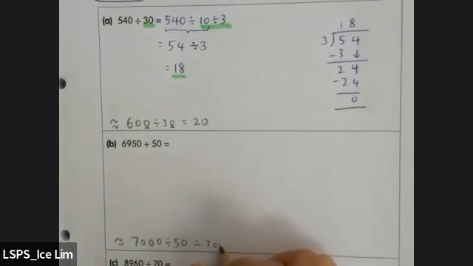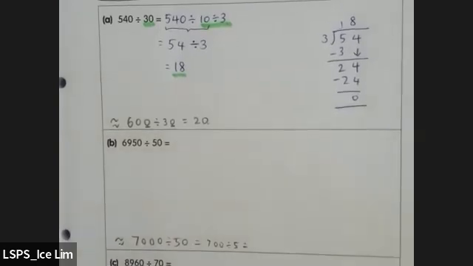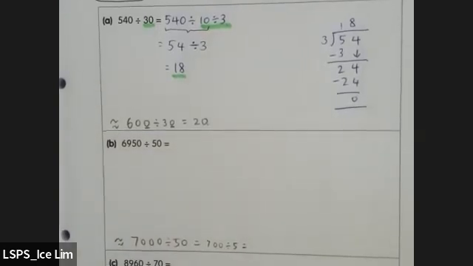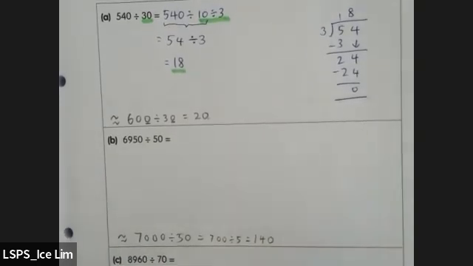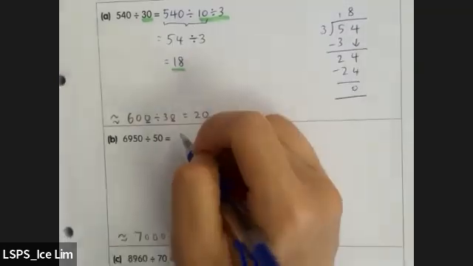That's about 700 divided by 5, and then you get about 140. So that's the estimation. Now I go on to do my workings.